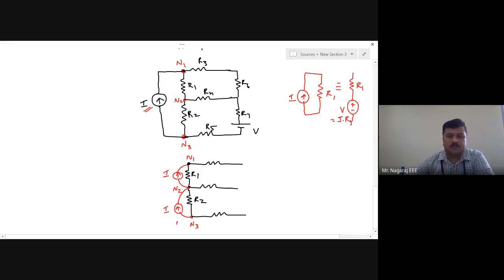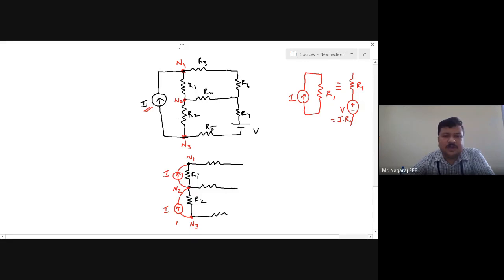Simple. Now observe one more thing. Node N2 was nowhere in the picture in direct connection to I. It means that the effect of current I at node N2 is 0. Yes or no? This current I is entering node N1, leaving node N3. Nowhere is N2 coming into the picture, but N2 has come into the picture here.